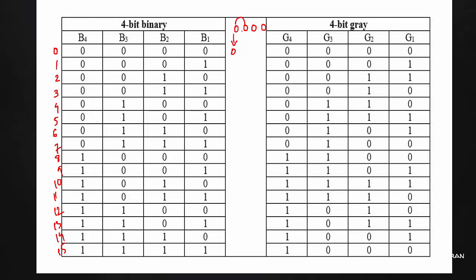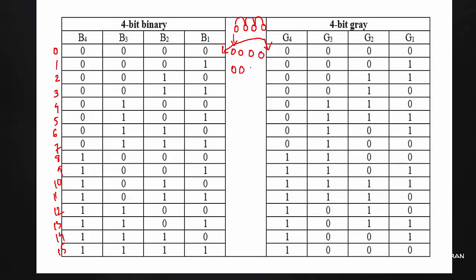If these bits are equal, XOR gives a result of 0. Next, XOR between these two bits. Again, bits are equal, the result is 0. Again, XOR between these two bits, equal, result is 0. So from this it is clear that the gray code equivalent of binary 0000 is 0000 itself.